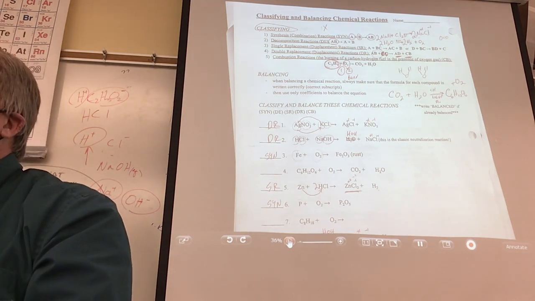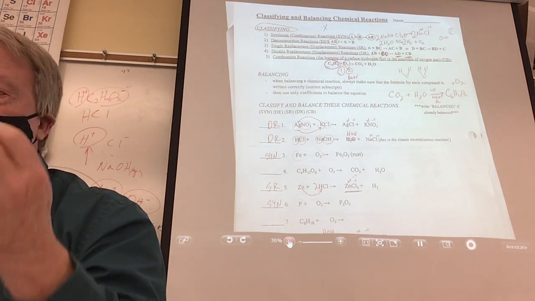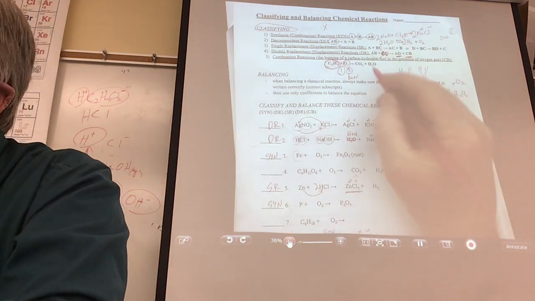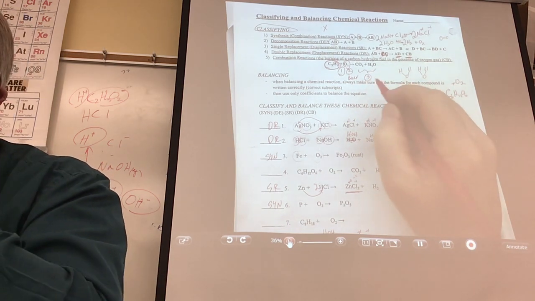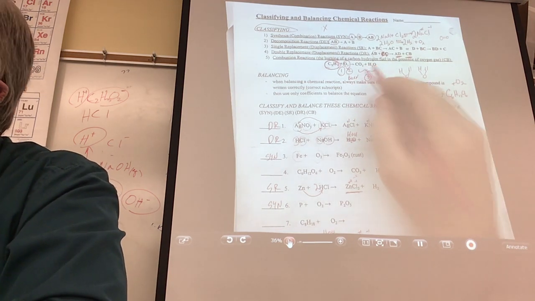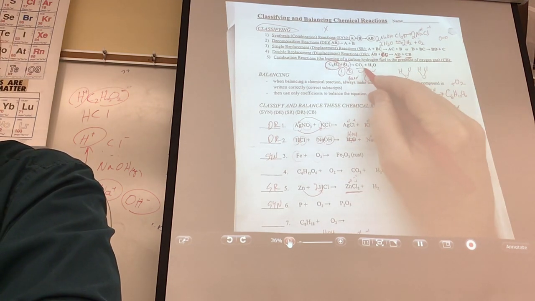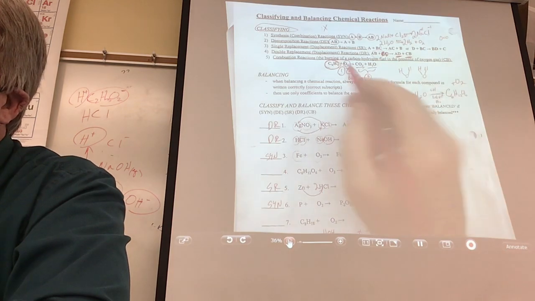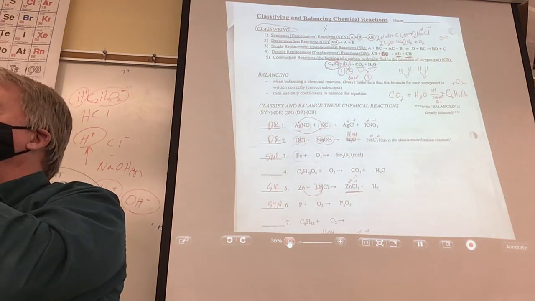If I want to burn metal, I have to combine it with oxygen. Number three, if you want to belong to the combustion club, you must produce carbon dioxide and water. If you have this, this, and this, you are a combustion reaction.